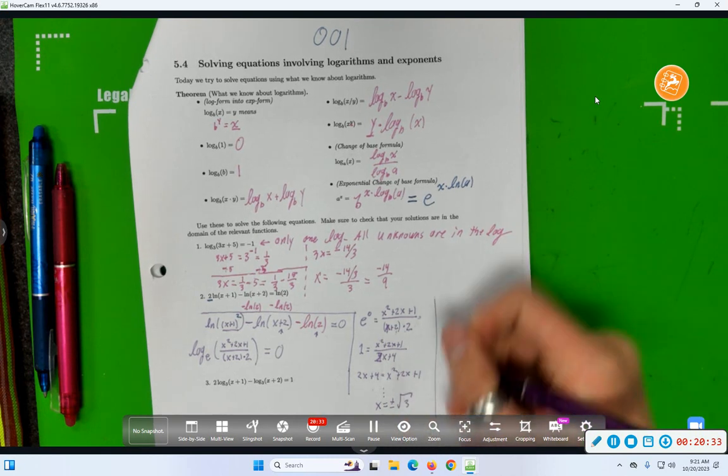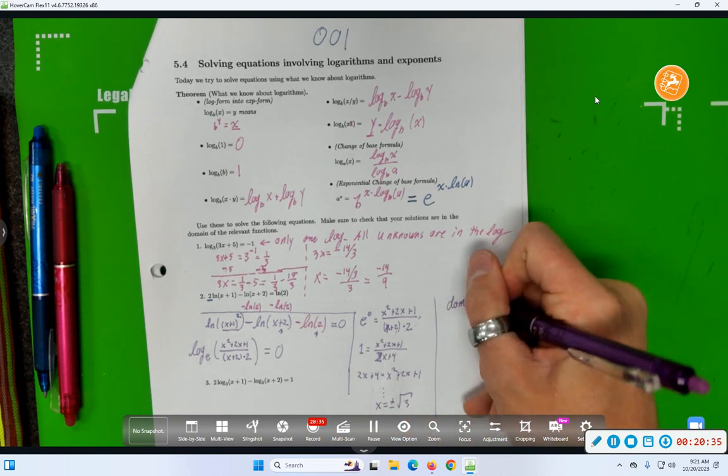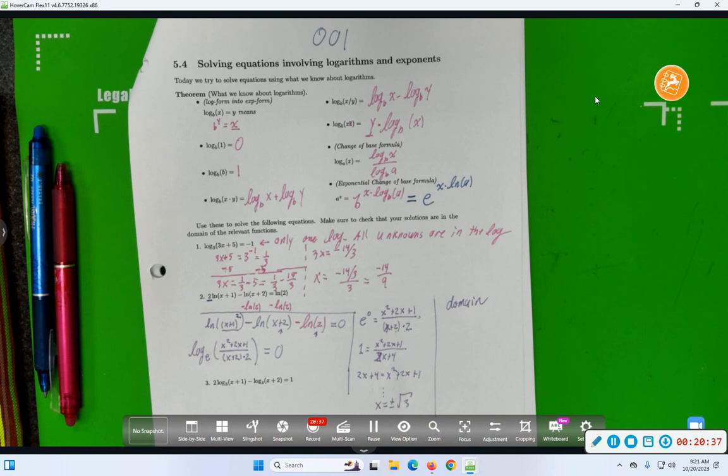But now let's check domain. Remember, the square root of 3 is somewhere between 1 and 2, about 1.73. So let's think about plus or minus 1.73. If I take plus 1.73 and add 1 to it, is that positive? Yes.